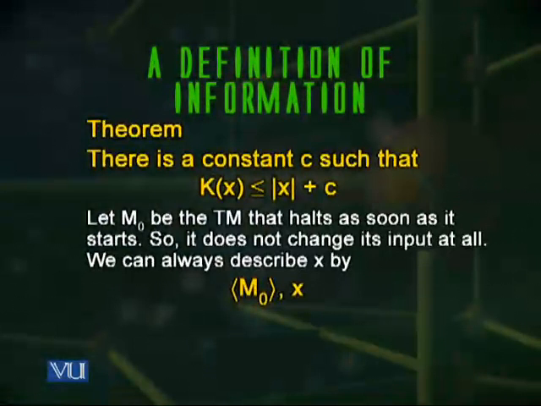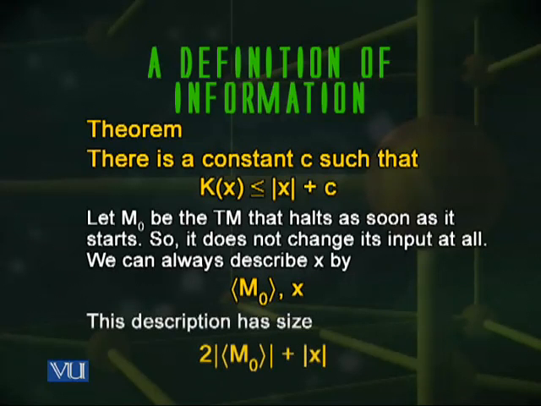Now what we can do is describe a string x by first describing this Turing machine M0 and following that with x. So we can describe x by the description of M0 followed by x. Let's look at what is the size of this description.